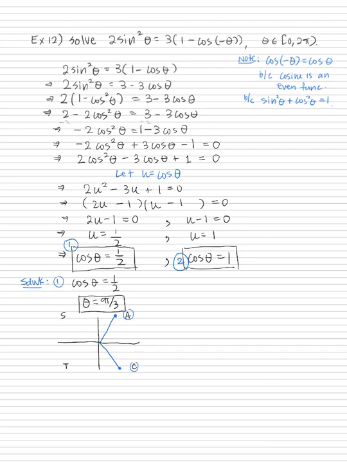Let me write this in red. From here to here is pi over 3. And then another angle. If you want me to draw the triangle, I can. Just go like this, go like that. That's 90 degrees. And the other one is from here all the way down to this terminal side.